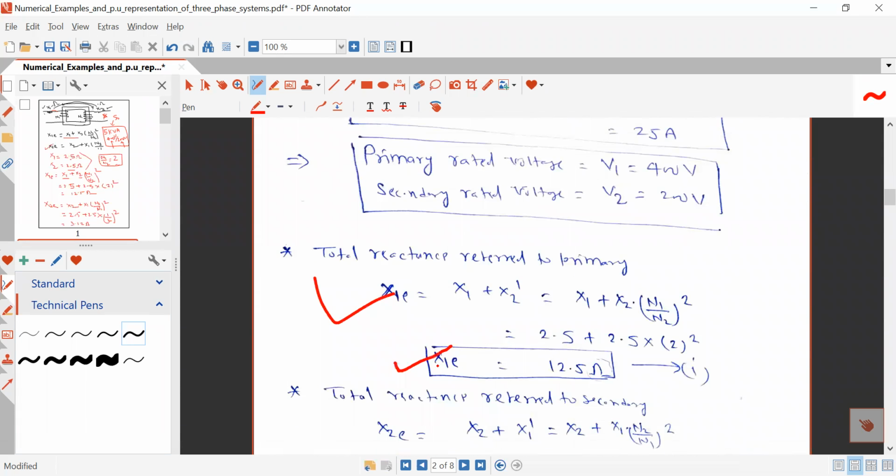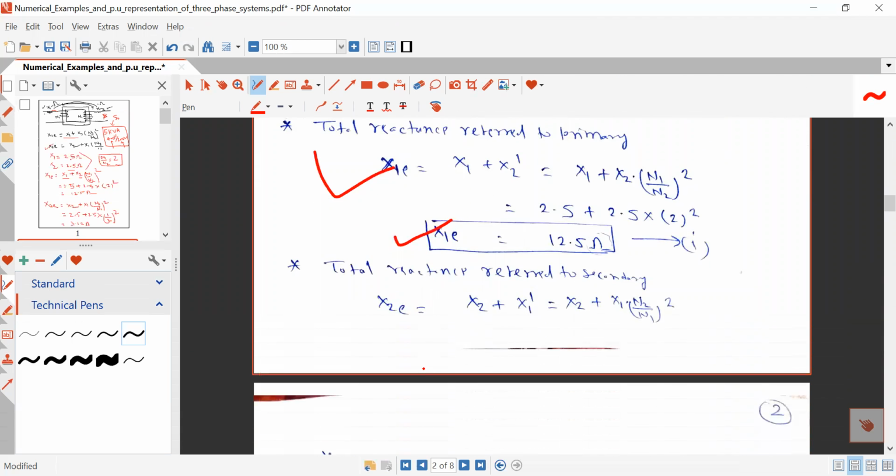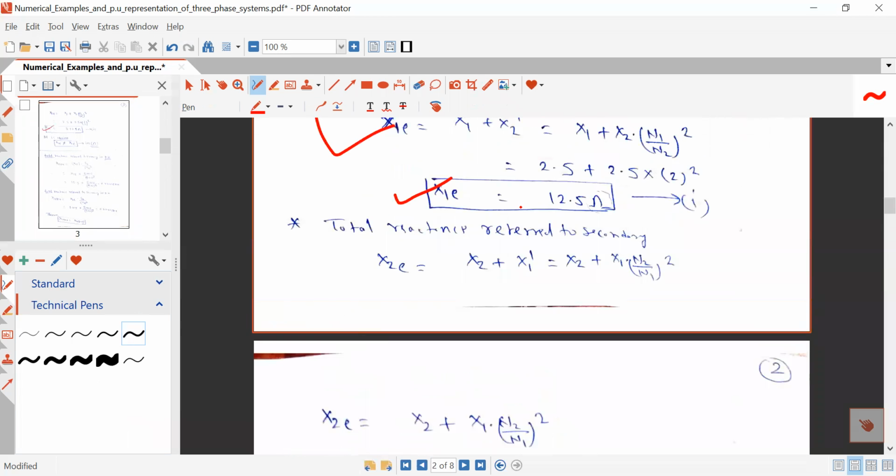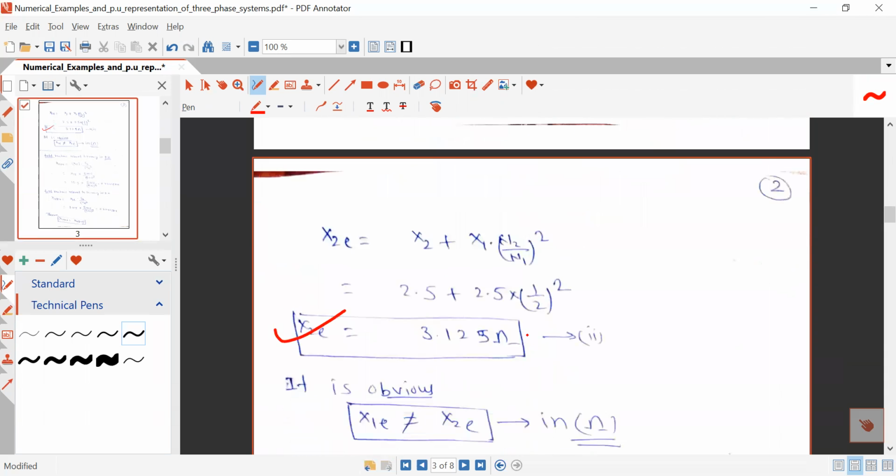So in this way you can calculate total reactance referred to the primary, and total reactance referred to the secondary. So in ohm, if total reactance is calculated referred to the primary side, it will be 12.5, and total reactance of the transformer when referred to the secondary side is 3.125.